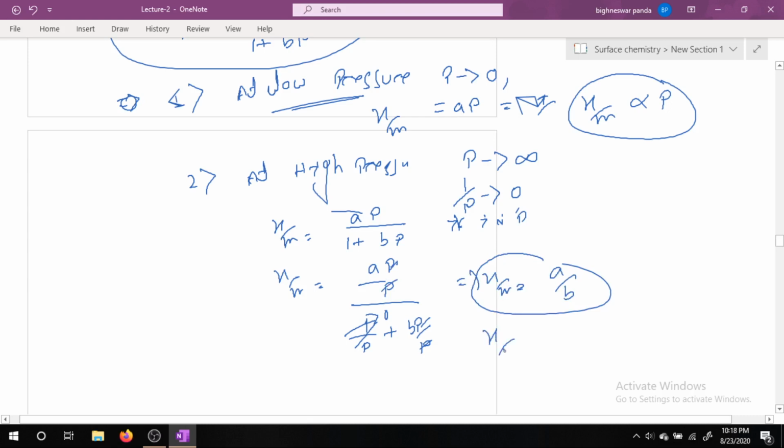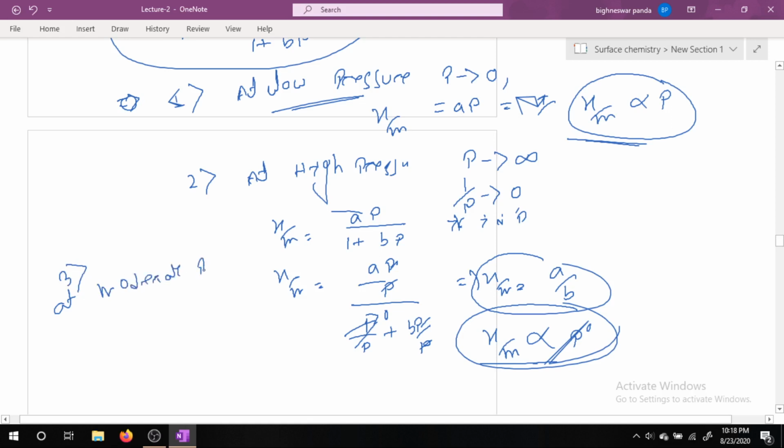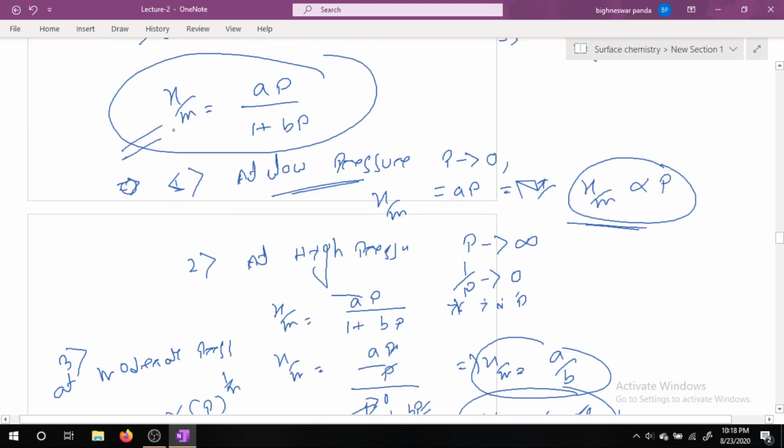This means x by m is independent of pressure, so P power 0. So at low pressure x by m is directly proportional to P, at high pressure x by m is directly proportional to P power 0. So at moderate pressure I can simply write x by m is directly proportional to P power 1 by n. So from this equation I can easily deduce the explanation for the Freundlich adsorption isotherm.